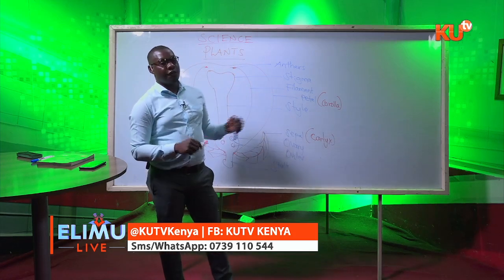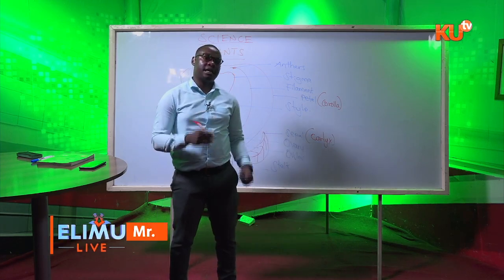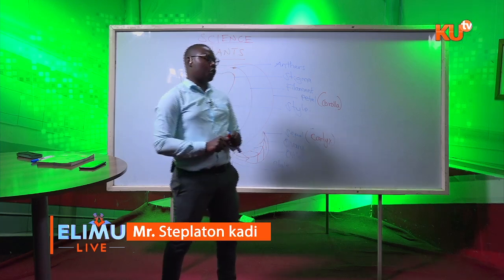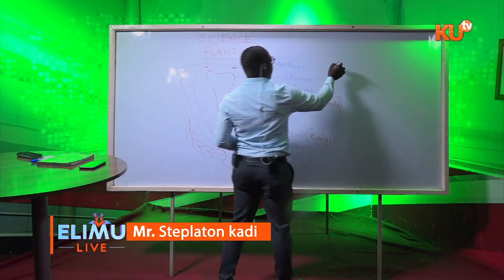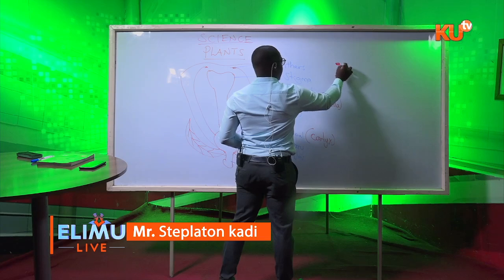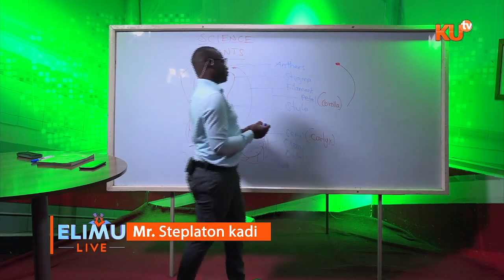Then the female parts of the flower will produce the female sex cells, which will be called the ovules. So let me draw the male part of the flower. That is the male part of the flower, a diagram to show that.